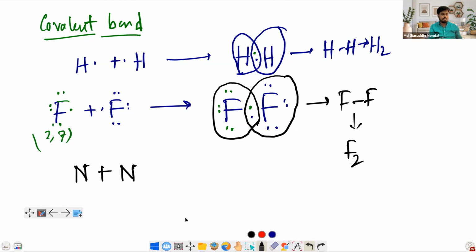Sir, only 5. So now, that means 3 more are needed, so a triple bond will be there. Yes, now draw it down. Draw it in your copies, how it will look like. The nitrogen. The same way I have drawn the fluorine molecule.